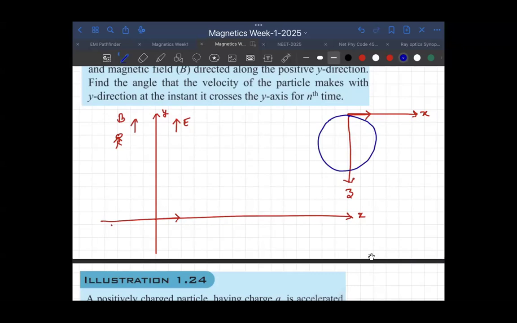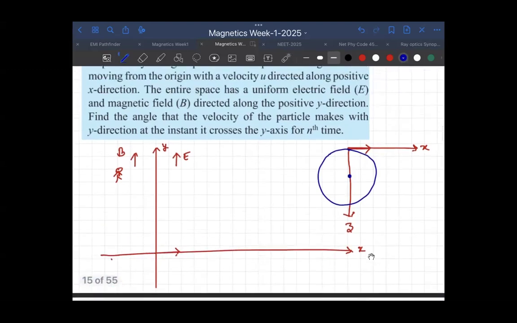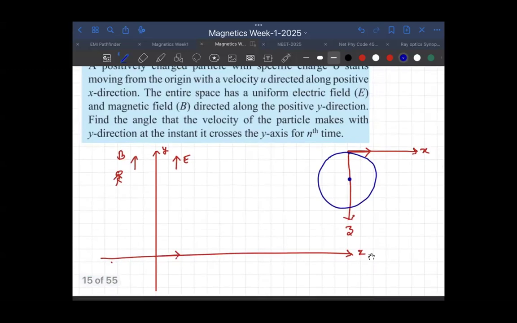That is how your circle is. Any doubts? Now the question is, and that circle keeps moving up with an increasing pitch. Find the angle that the velocity of the particle makes with the y-axis at the instant it crosses the y-axis for the nth time. No issues.